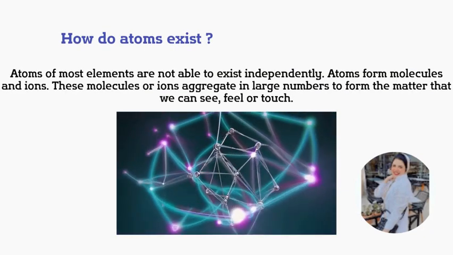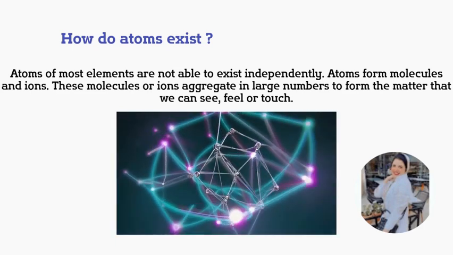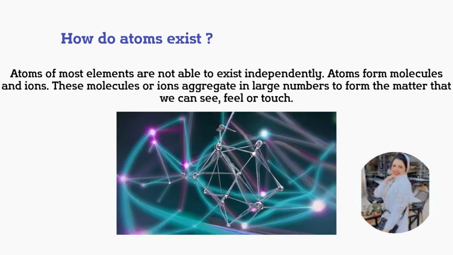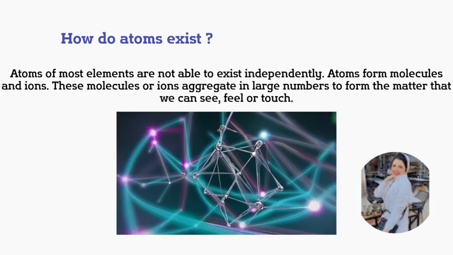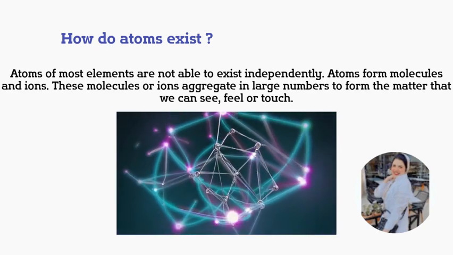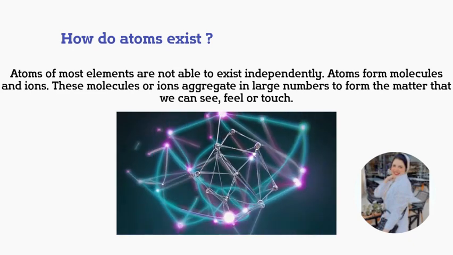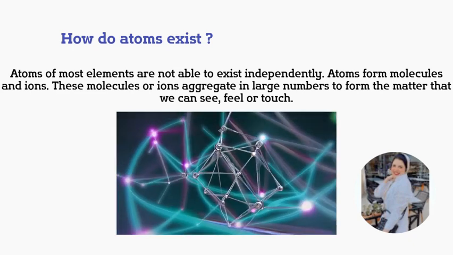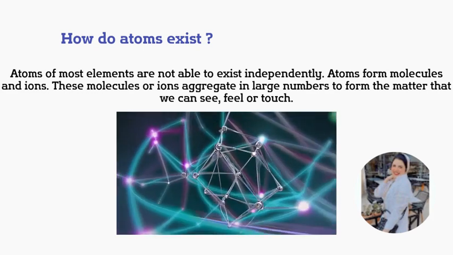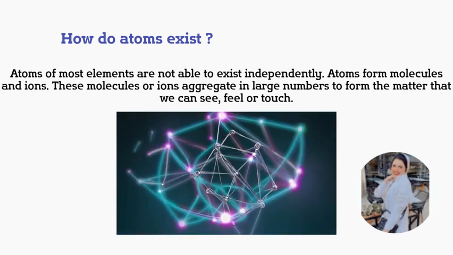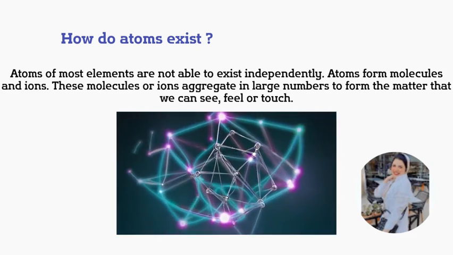Okay, how do atoms exist? This is a very important question. Atoms of most elements are not able to exist independently. Atoms form molecules and ions. These molecules or ions aggregate in large numbers to form the matter that we can see or feel or touch. Let's see water, for example.